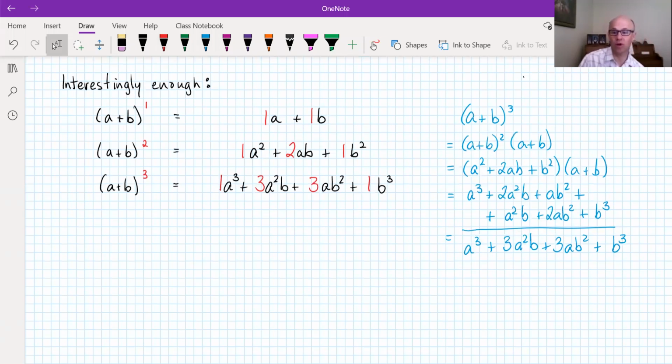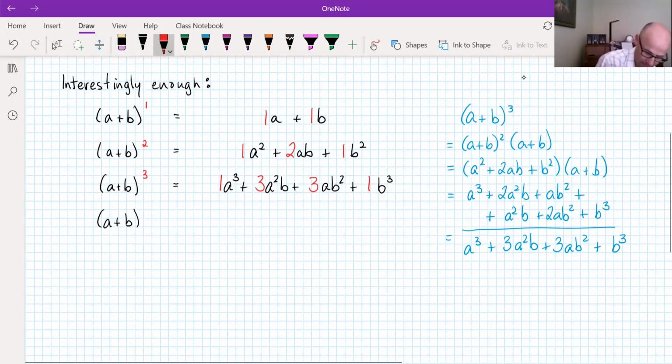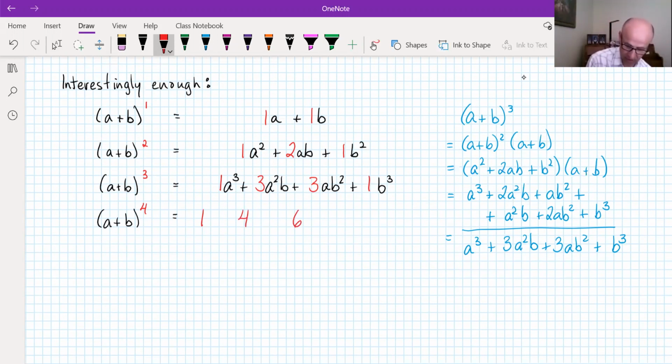The other thing that we would want to look at is what's happening with our variables. So if I was to try and do an a plus b to the power of 4, I'm going to know that first of all, my numbers are going to go 1, just adding again the diagonal coefficients. 1 and 3 is 4, 3 and 3 is 6, 3 and 1 is 4, and a 1.